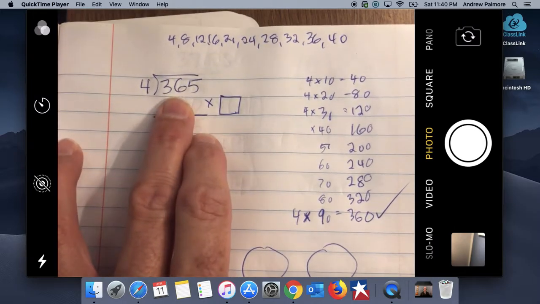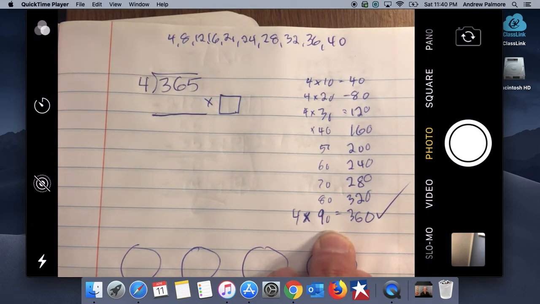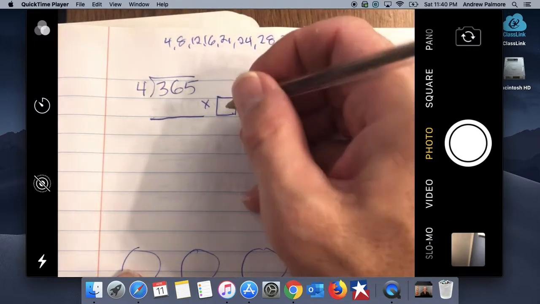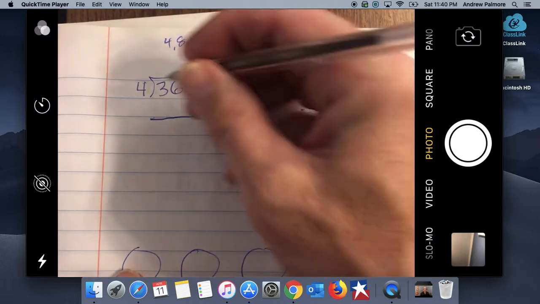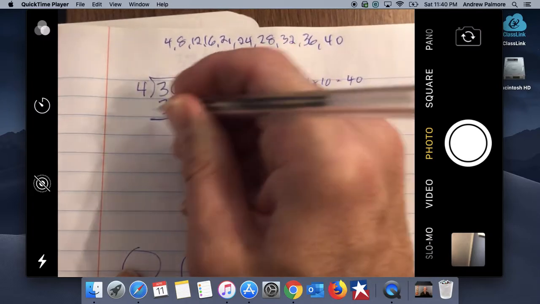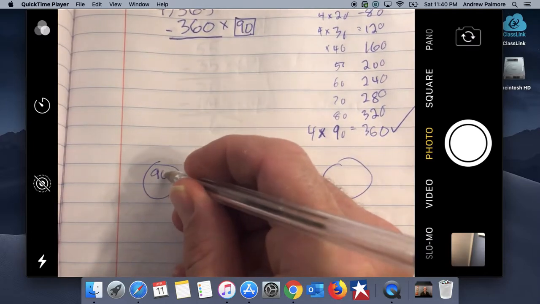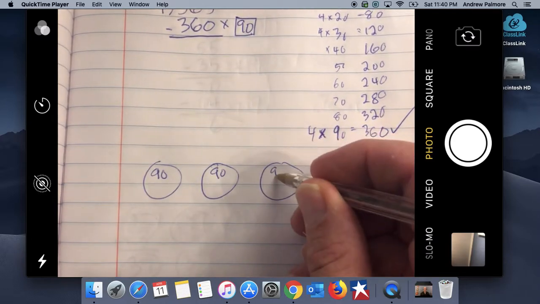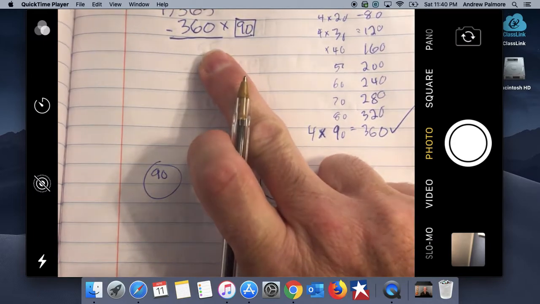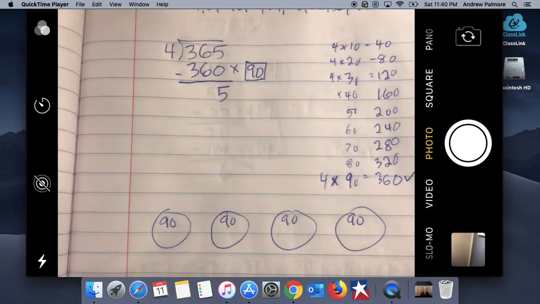I'm trying to get to 365. If I give each person 90, that will make 360. So I'm going to go 90. Okay, 4 times 90, 360. So I got real close that time. So what that means conceptually is I'm giving each person 90. And when I give each person 90, that makes 360. That will leave me with only 5 left.